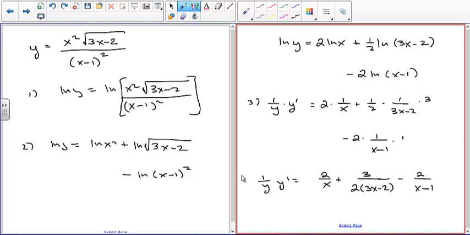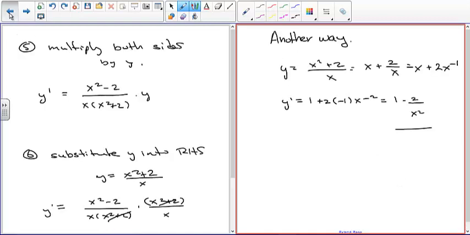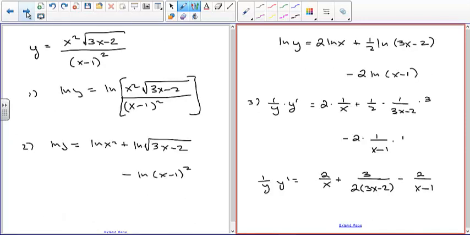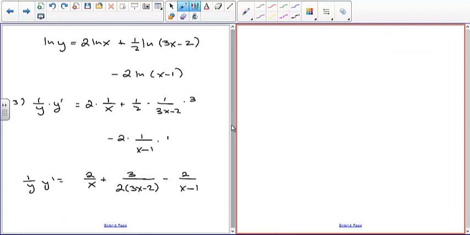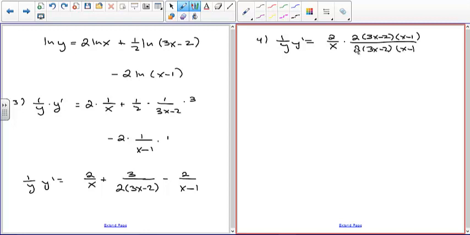That was step 3. What was step 4? Simplify the right-hand side. Okay. So to simplify the right-hand side, we have to find a common denominator. So we'll have 2 over x times 2 times 3x minus 2 times x minus 1, all divided by 2 times 3x minus 2 times x minus 1. So what I've done is I've taken the first term and multiplied by the denominator in the second and third terms.